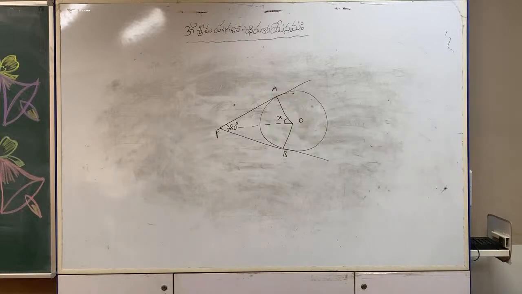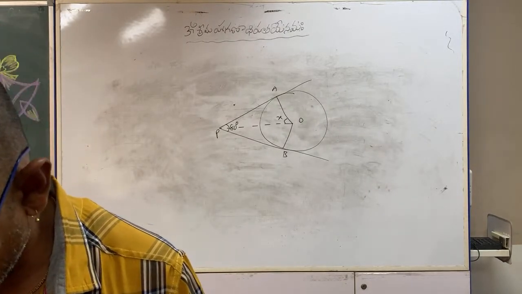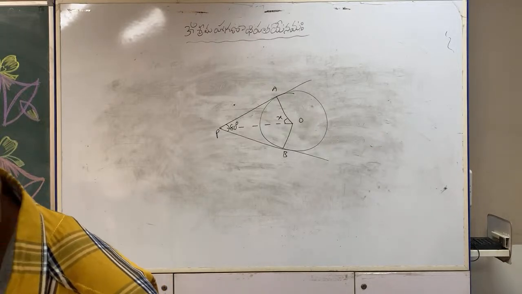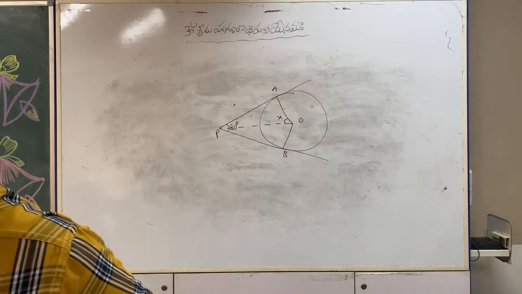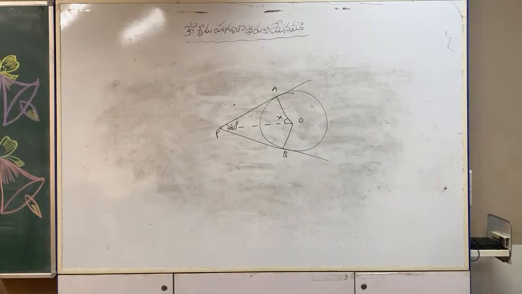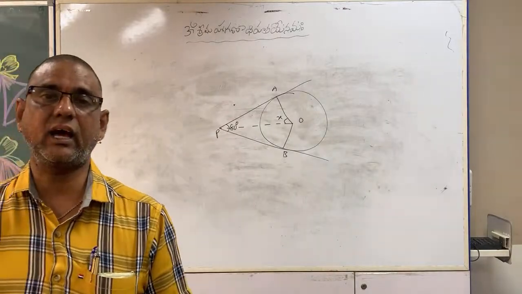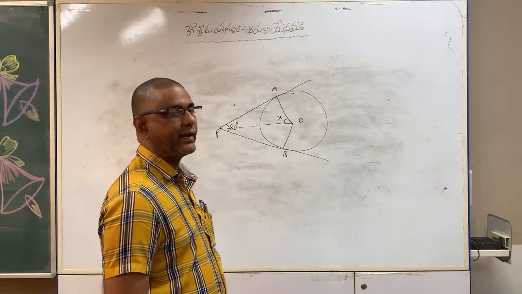What did I tell about PO? Everyone says 50 degrees. PO is the bisector of the angle between the tangents as well as the angle between the radii.